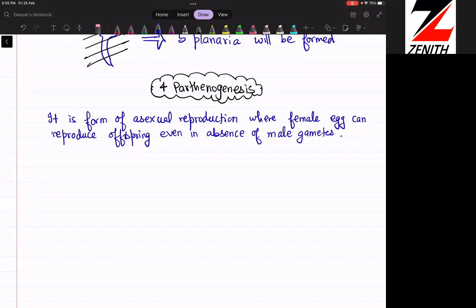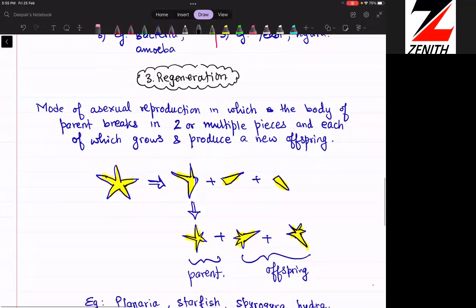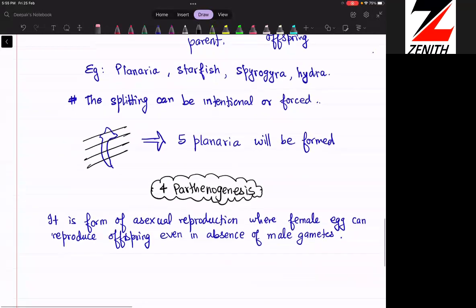Alright, we'll take what NCERT is saying. So NCERT is not naming this as fragmentation, it is naming this as regeneration, where each of the body parts is getting regenerated into a new offspring.